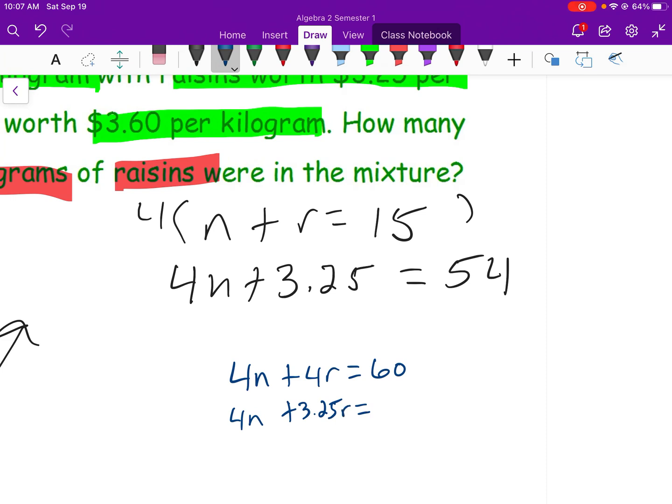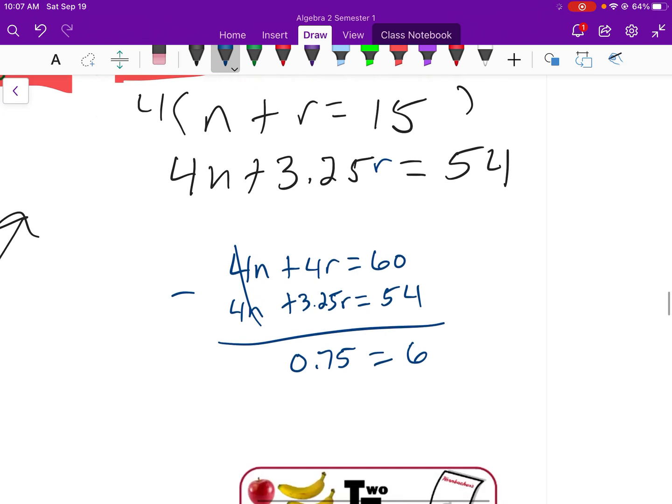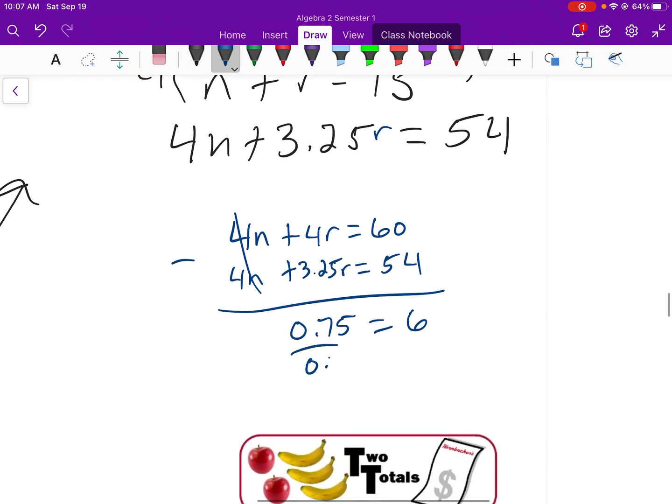Oh, I missed an r there. Okay, so then eliminating our n's, subtract 4 minus 3.25, 0.75, 60 minus 54, we get 6.